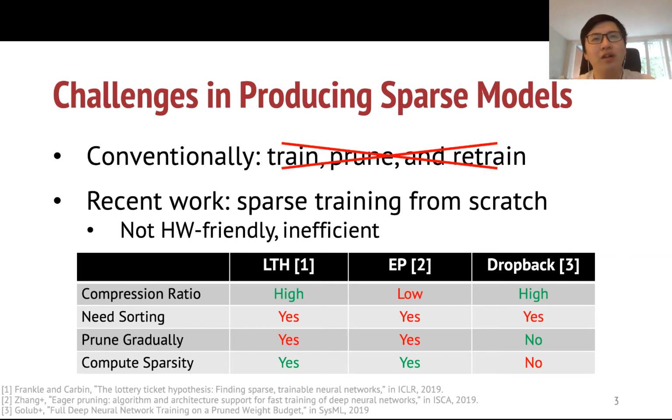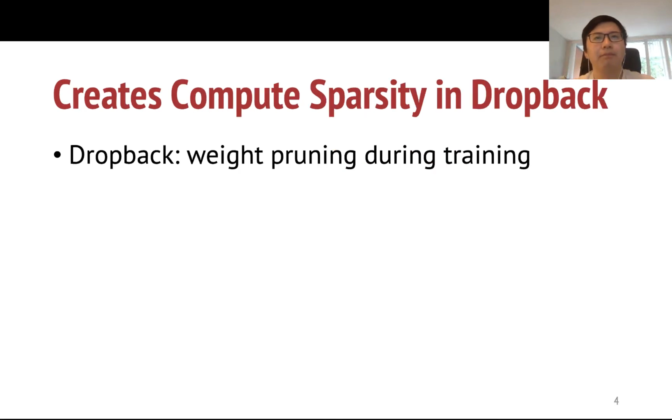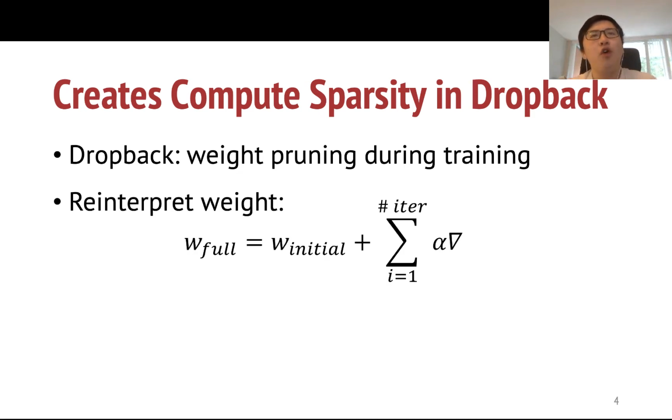In this work, we choose Dropback as a case study and we first adapt the sparse training algorithm to be more hardware-friendly, and later we'll talk about how to develop efficient accelerators for it. Dropback is an algorithm that performs weight pruning during training. The core idea is to reinterpret weights.